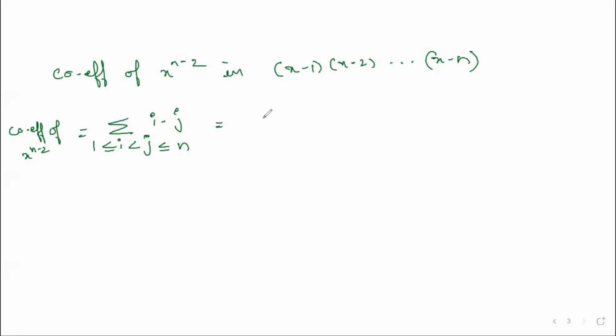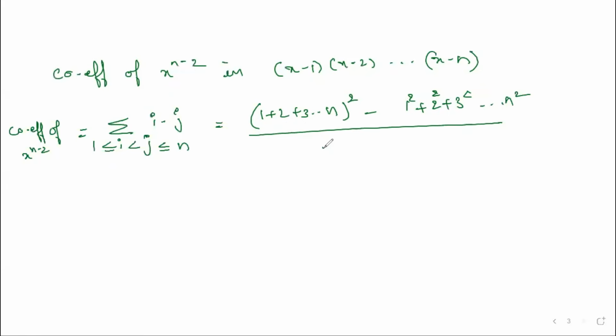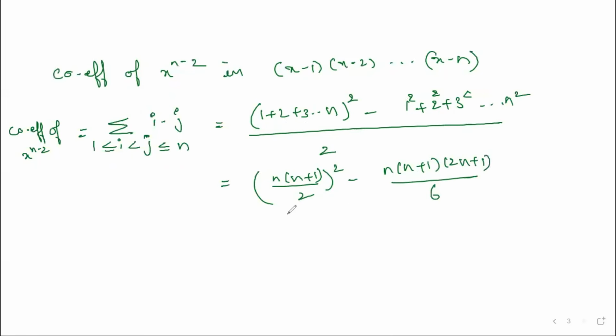And this is equal to (1 + 2 + 3 till n) whole square minus (1 square plus 2 square plus 3 square till n square), divided by 2, which is (n into n plus 1 by 2) whole square minus (n into n plus 1 into 2n plus 1 by 6), whole divided by 2.